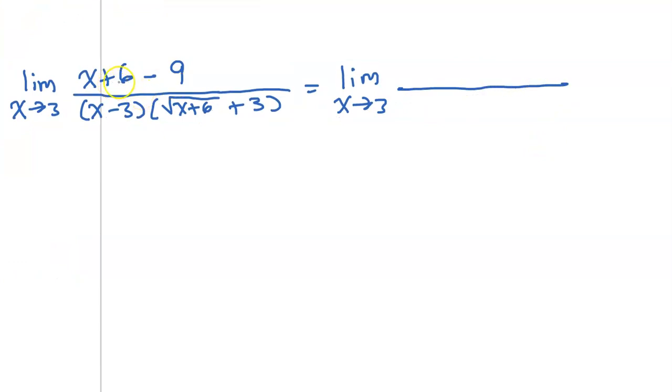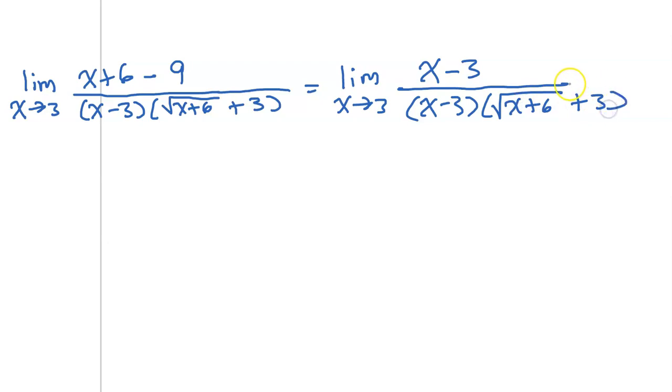Well, 6 minus 9, that's negative 3. So in the numerator, I have x minus 3. In the denominator, I also have x minus 3, along with some other stuff. Square root of x plus 6 plus 3.